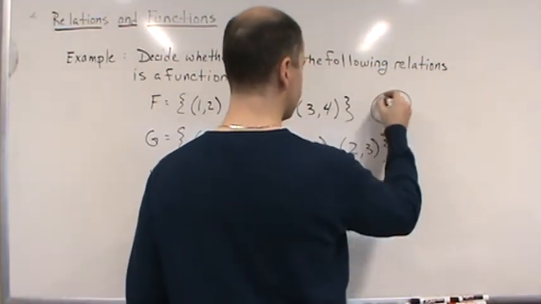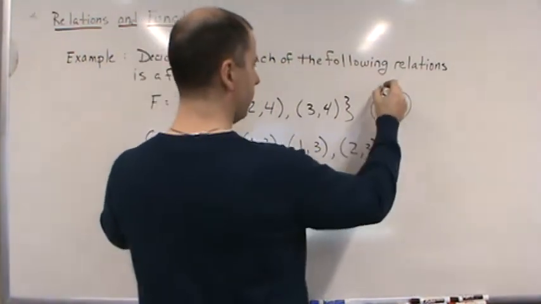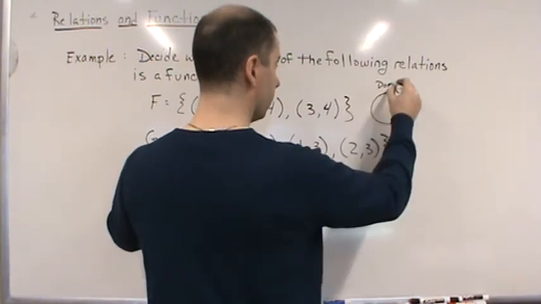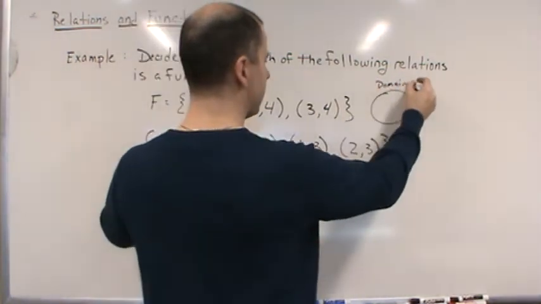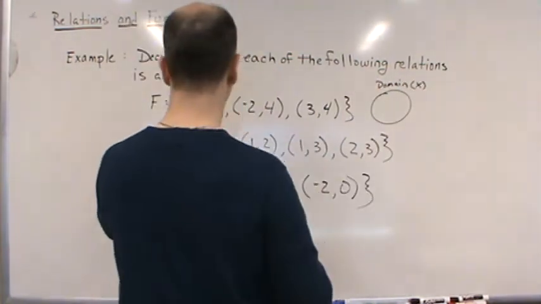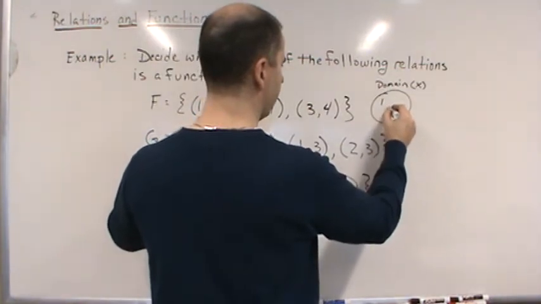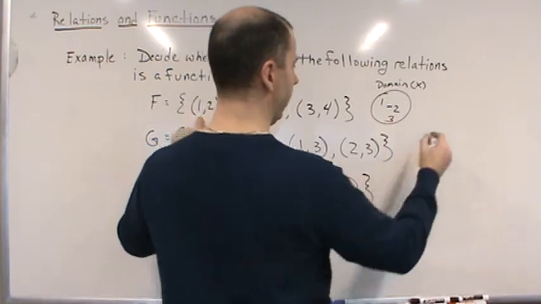So if we have a set, and we've got this set here, we'll call this the domain. And in the domain, these are our x values, right? And so we've got 1, -2, and 3 in the domain.